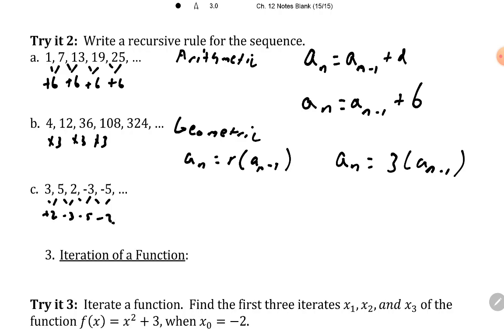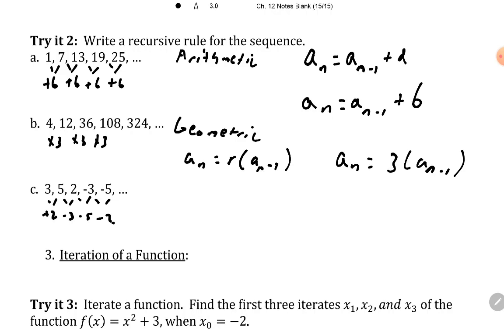So the common differences are not the same. I add 2, then I subtract 3, then I subtract 5, and then minus 2.